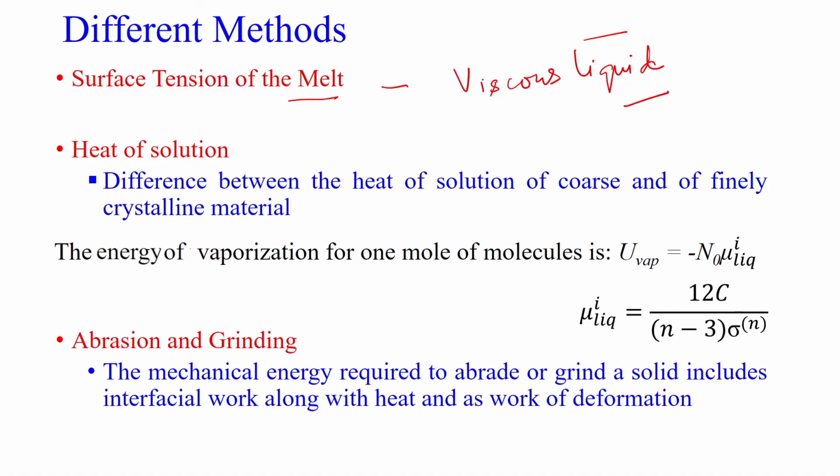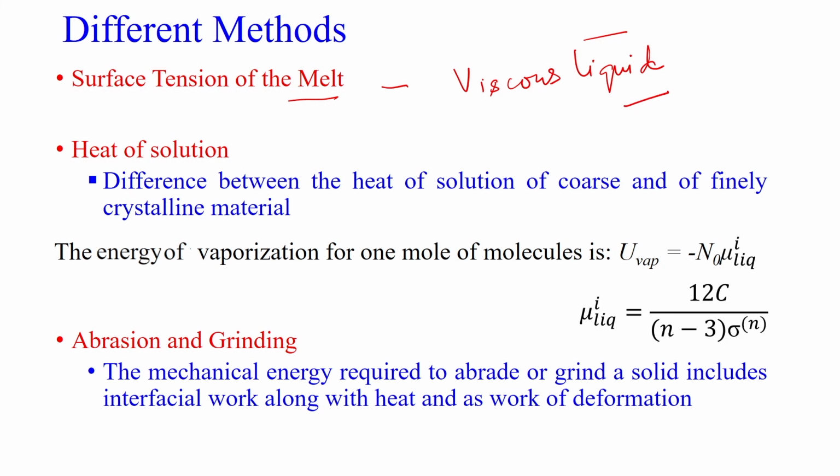The next method is the heat of solution. If you want to melt it, that means you want to break the intermolecular interactions, so the heat required can be correlated with the surface energy or the surface tension.